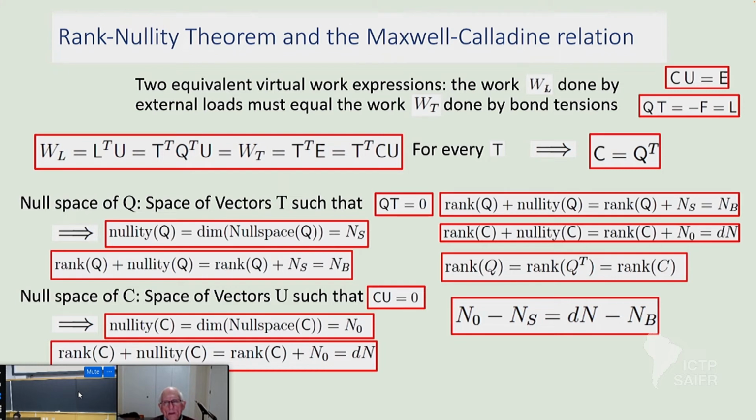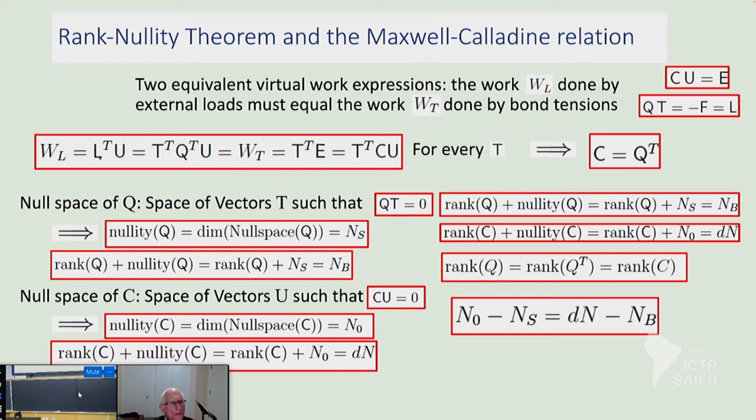The work done by the external load must equal the work done, W_T, by the bond tensions. So the work done by the external load is the force times the displacement. If I wrote this out in components, we would have the force on each site times the displacement of each site is equal to the contribution to the total work done by the external load.